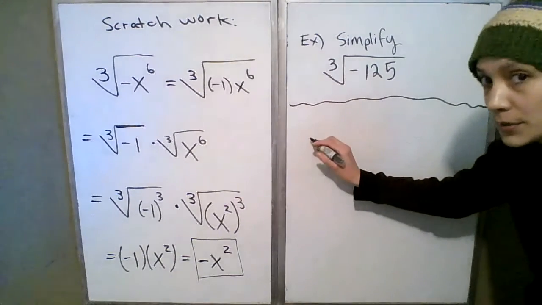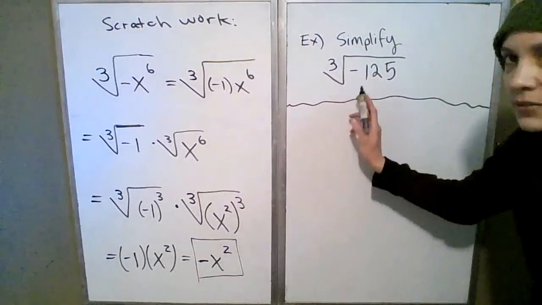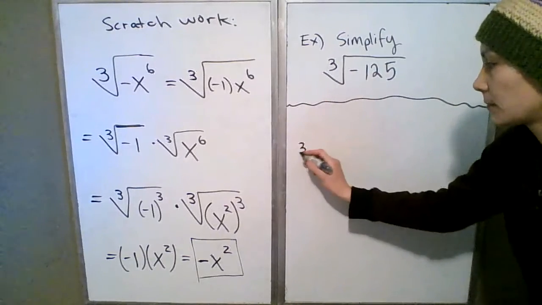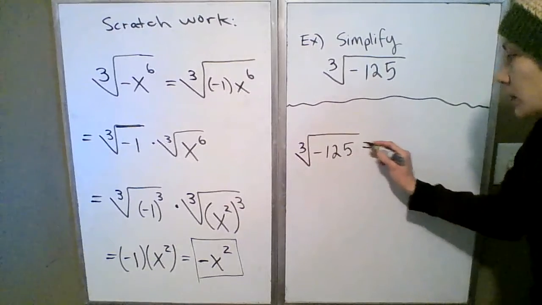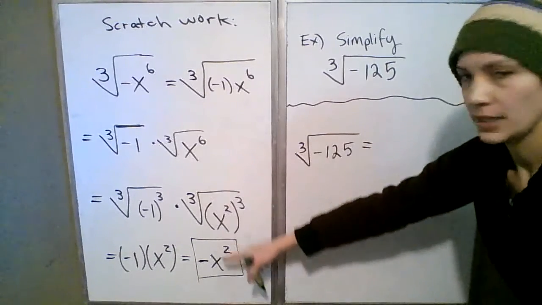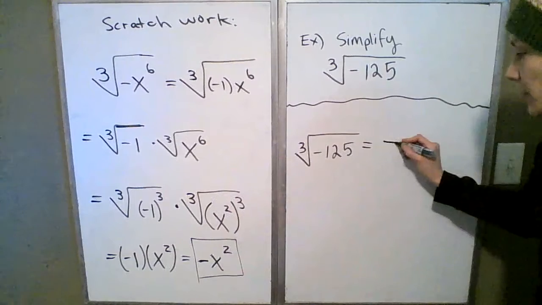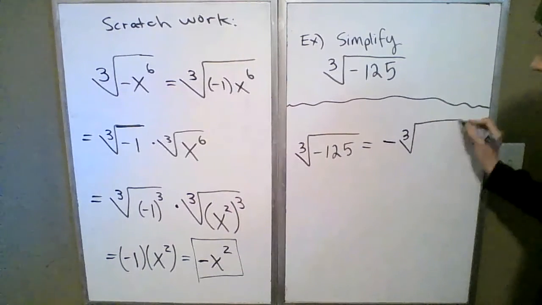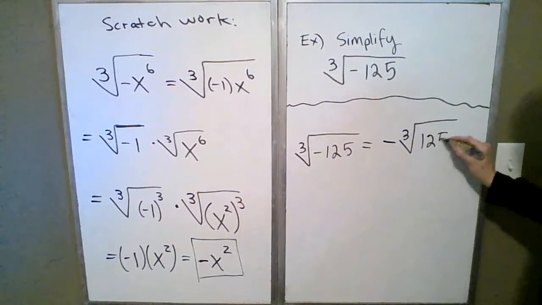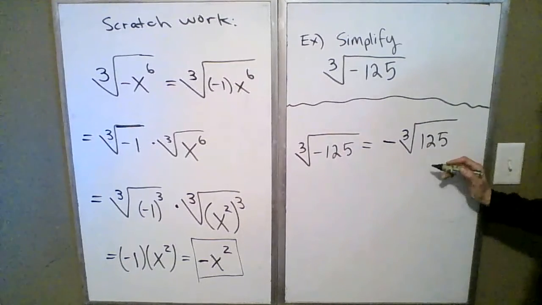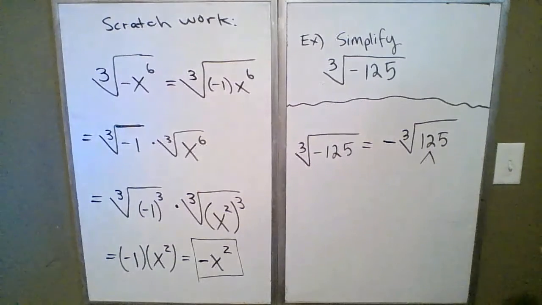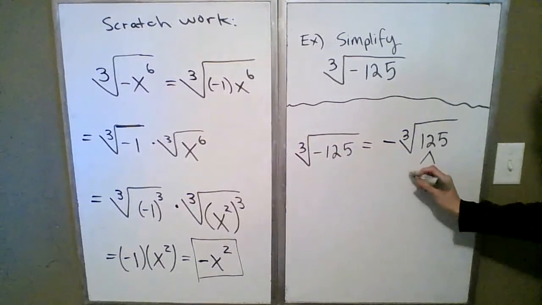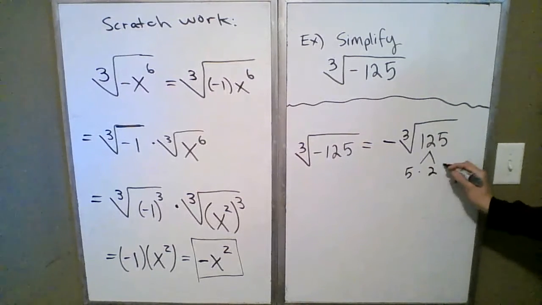Since it's an odd root, I can bring the negative out from under the root. It happens in the same process that we did in this problem. So this negative will end up out front, and you'll have a cubed root of 125 to find. I would factor this 125. Let's see. 25.